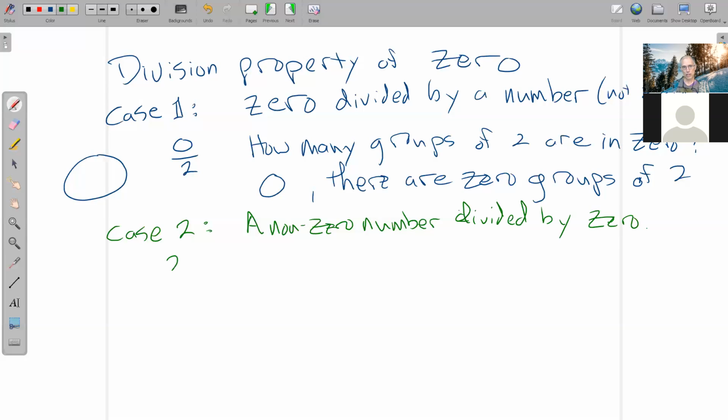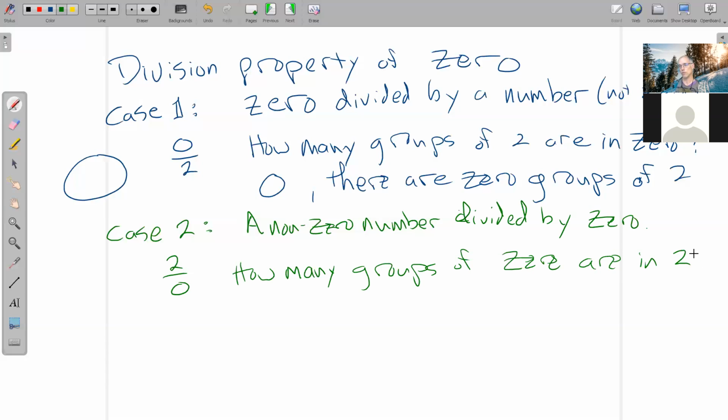So that would be like 2 divided by 0. If I use the groups-in approach, like I did with the last one, that would mean how many groups of 0 are in 2, or are in a group of 2.